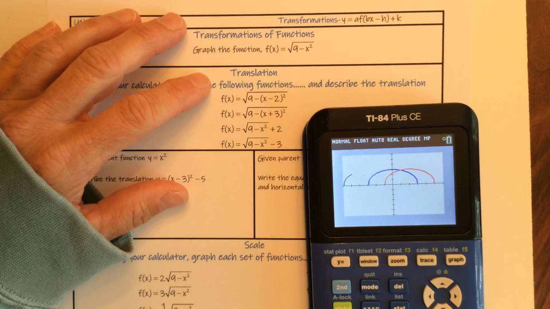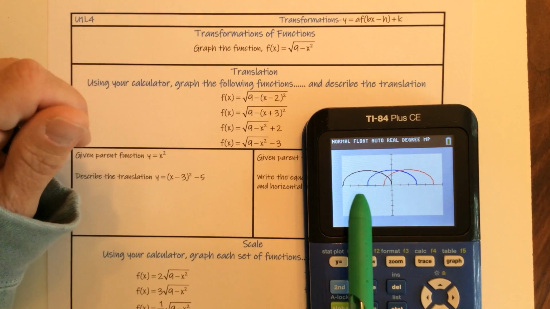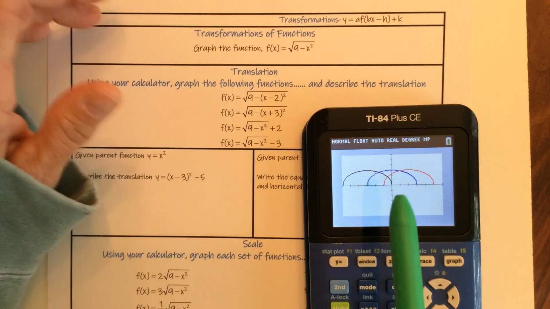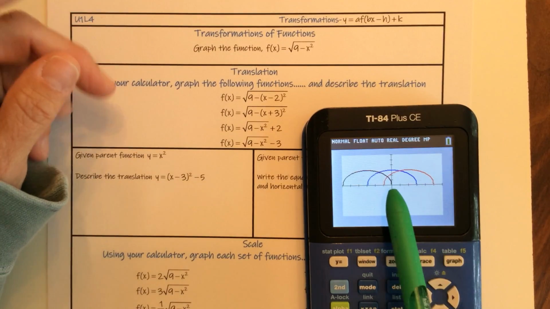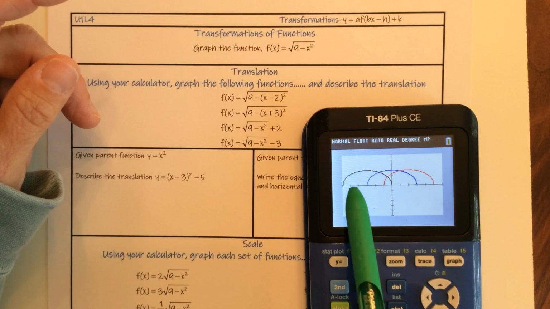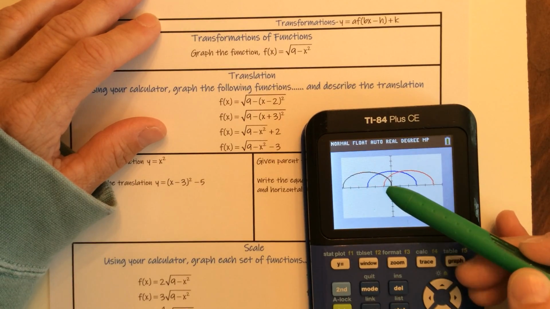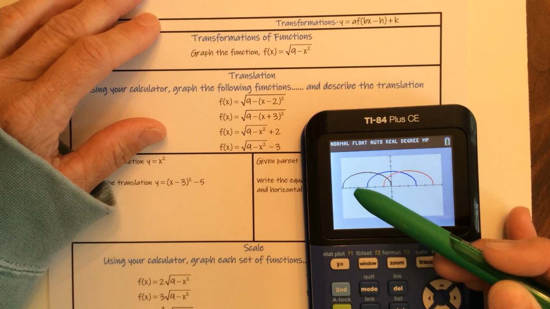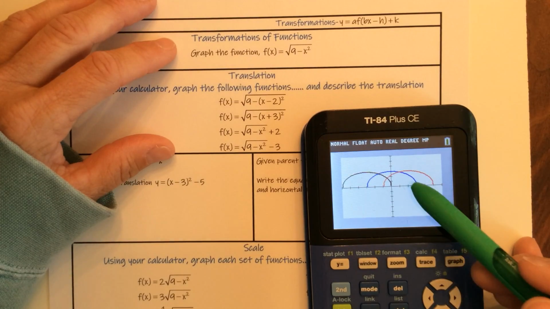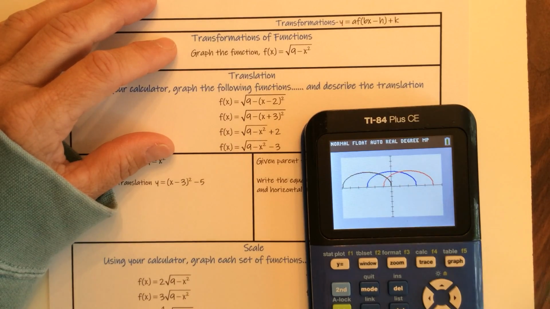Now I'll bring in the next one. You'll see that y3 has shifted the blue graph 3 units to the left: 1, 2, 3. The blue endpoint has been shifted here, and every other point on this curve has been shifted 3 units to the left.